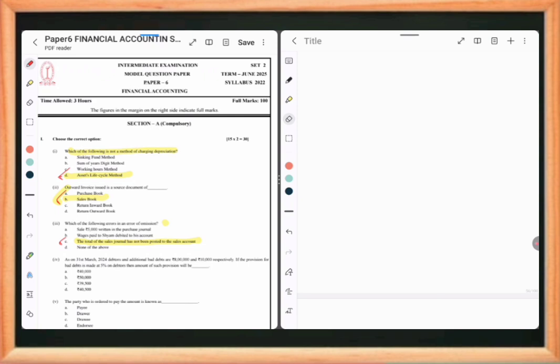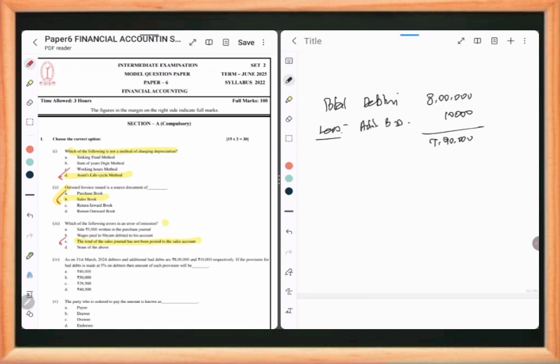So the total debtors is 8 lakh rupees. Less, we have to deduct additional bad debts, that is 10,000 rupees. If we deduct, 7,90,000 will be the remaining, on which we have to create the provision for bad debts. What is the percentage?